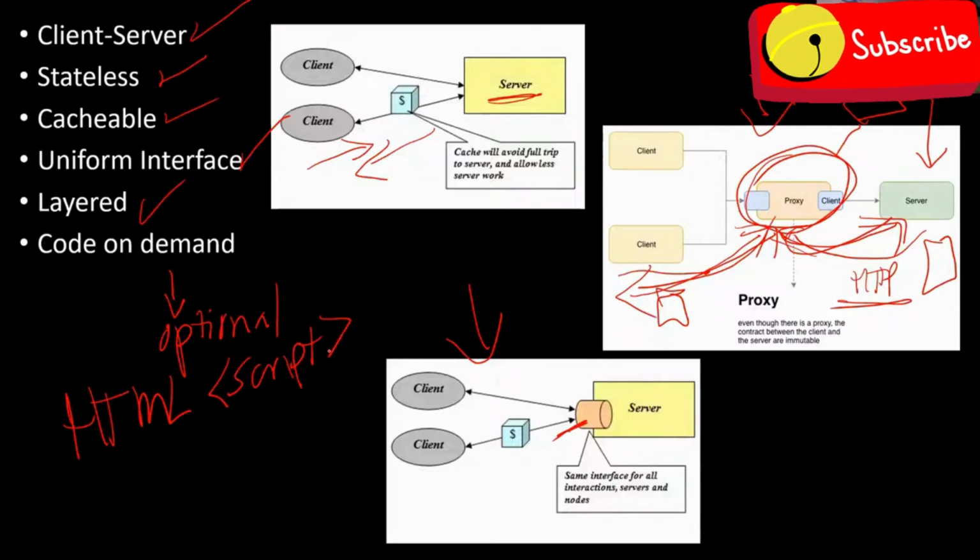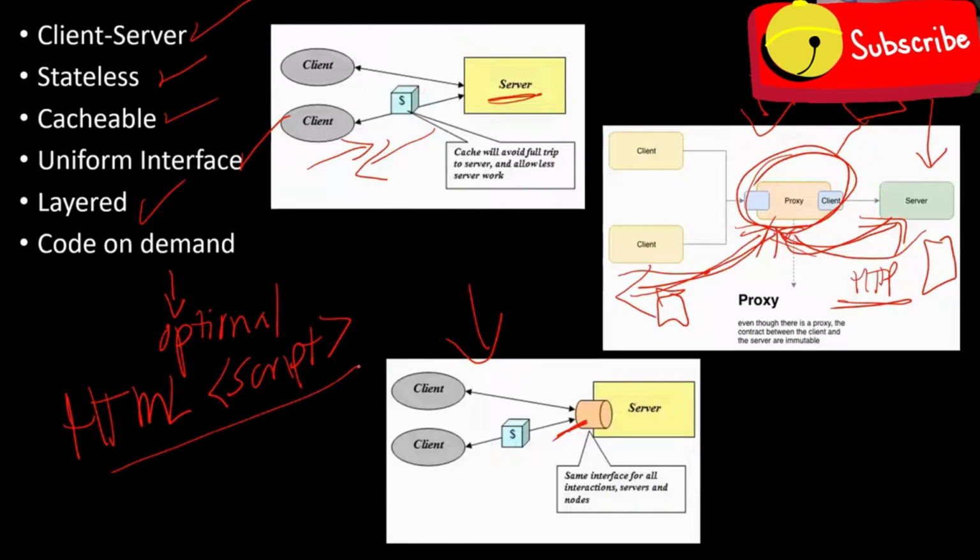But anyway, it's code on demand. It's an optional feature, and the HTML script tag basically has this code for the client. So when this HTML document that has this tag is loaded, the web browser automatically fetches this type of code, whether it's JavaScript or something in that sort, from the server and executes it locally. So it's code on demand.